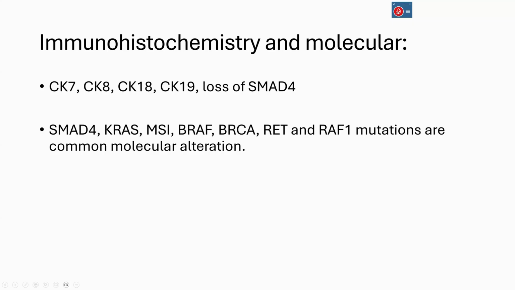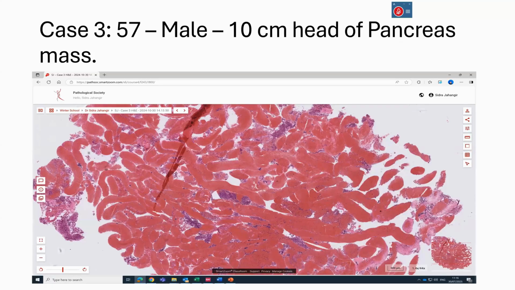We can't do molecular studies on cytology smears. So FNB is now part and parcel of EUS-FNA, and we are always getting a nice thin tissue core, but lesional tissue should be there to perform molecular study, and of course ancillary studies, including special stains and immunohistochemistry.